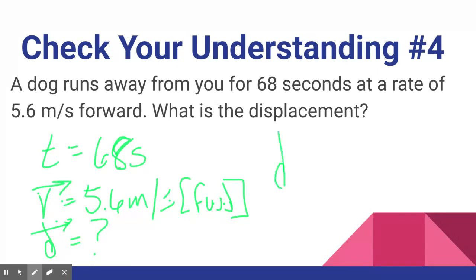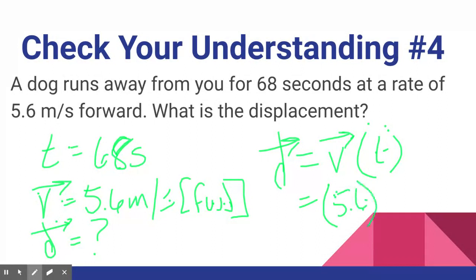So displacement is equal to velocity times time. So it's going to be 5.6 times 68.